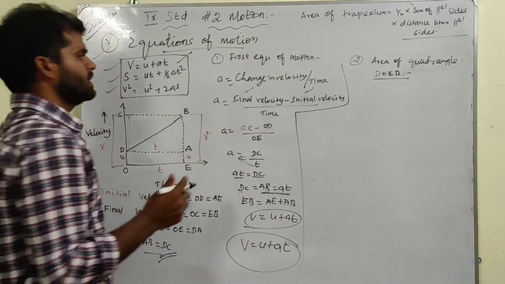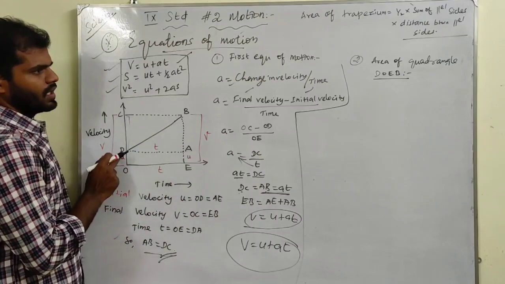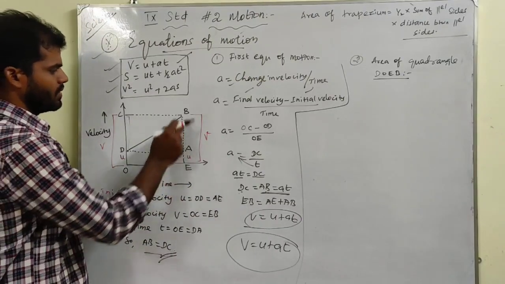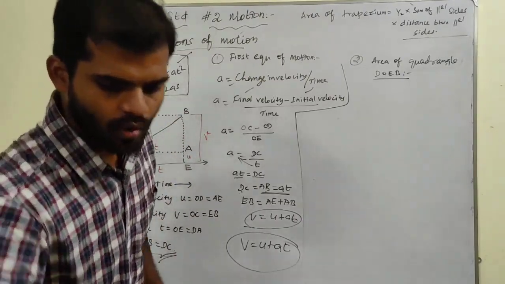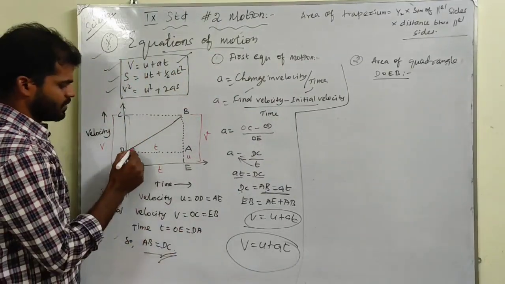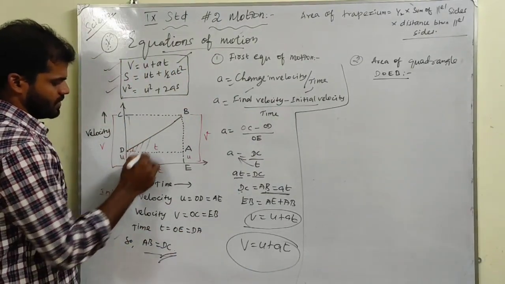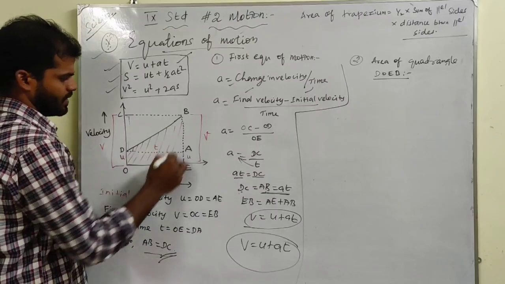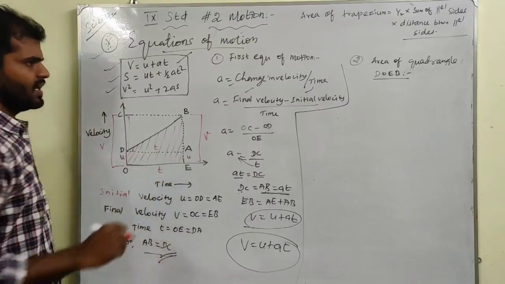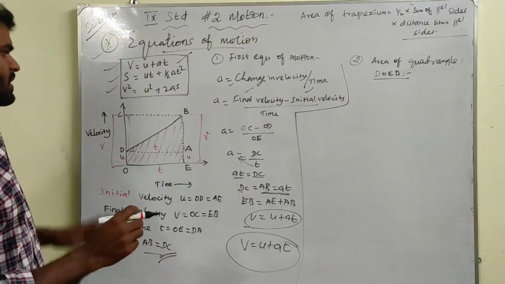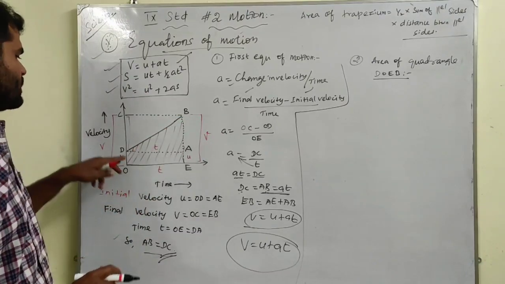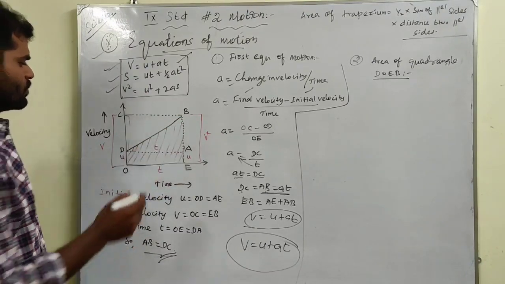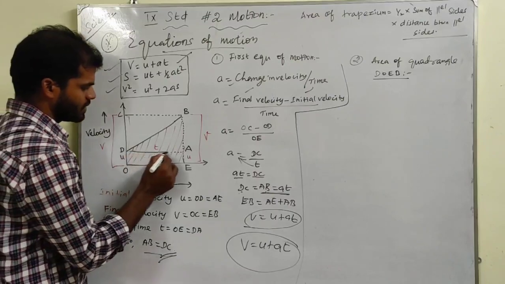Area of quadrangle, that is DOEB. For example, only this area. In the last class I told you one formula for the area of quadrangle DOEB. We have two parts here, right?